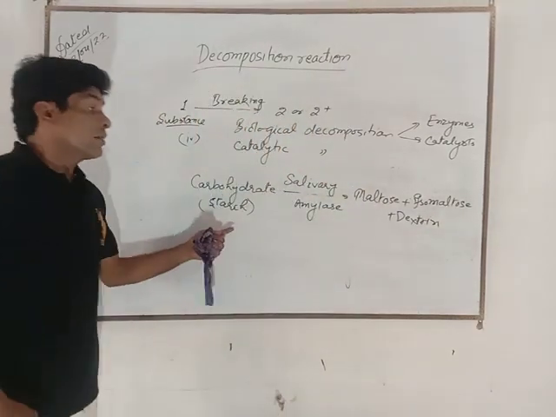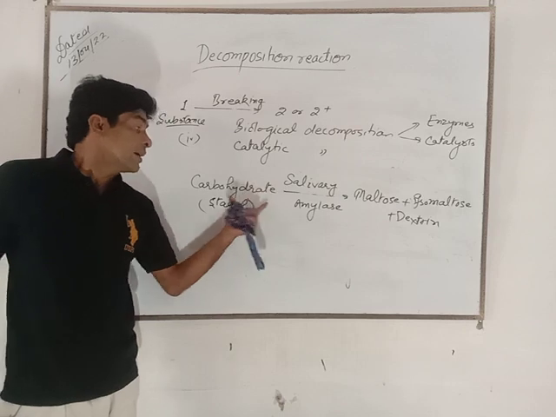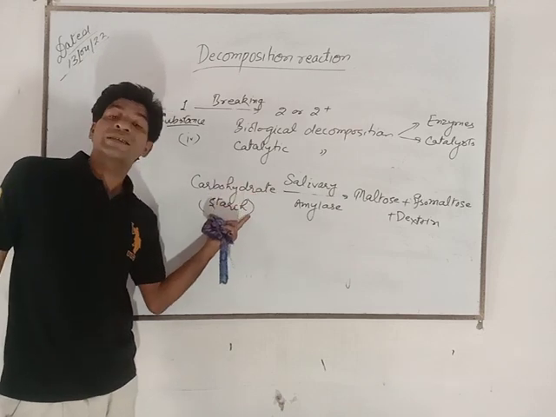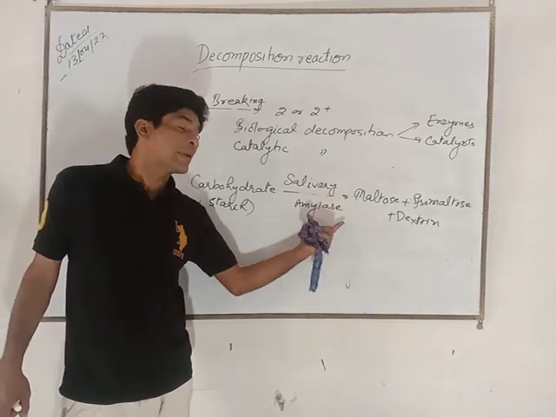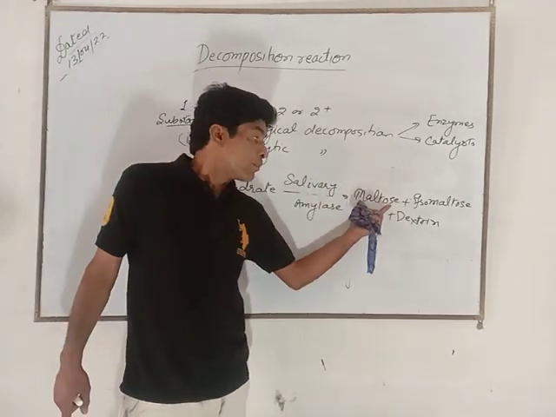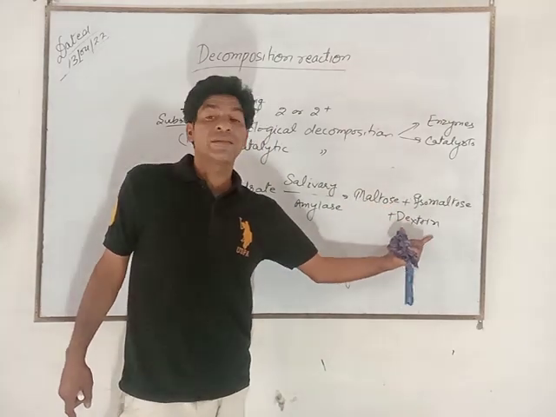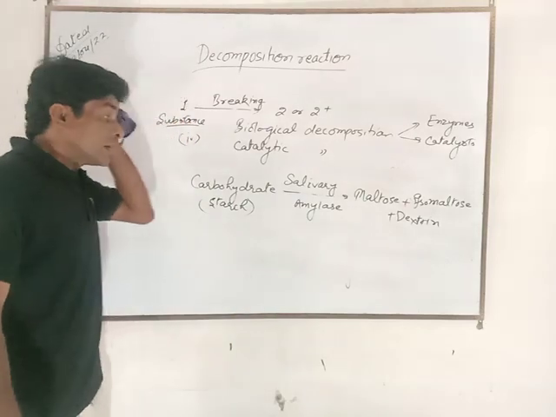Then you are rightly and obviously looking here: carbohydrate of starch type, only one substance, by the function of salivary amylase, this is a salivary enzyme, changes into maltose, isomaltose and dextrin. These are 2 or 2 plus products in number, right?